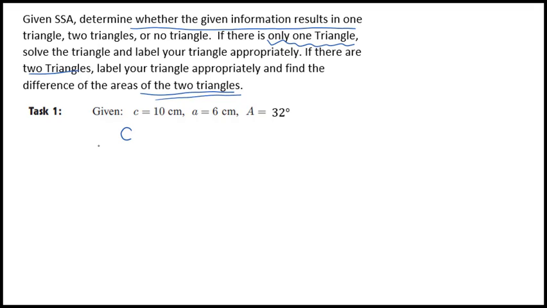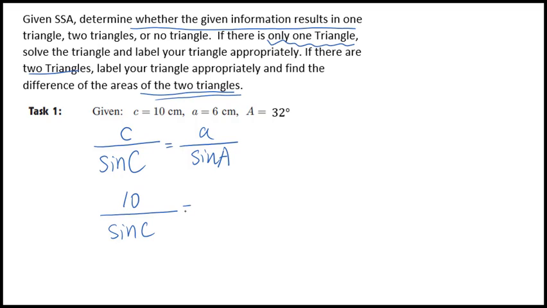So we have C over sine C equals A over sine A. Then we plug in, you have 10 over sine C equals 6 over sine 32 degrees.